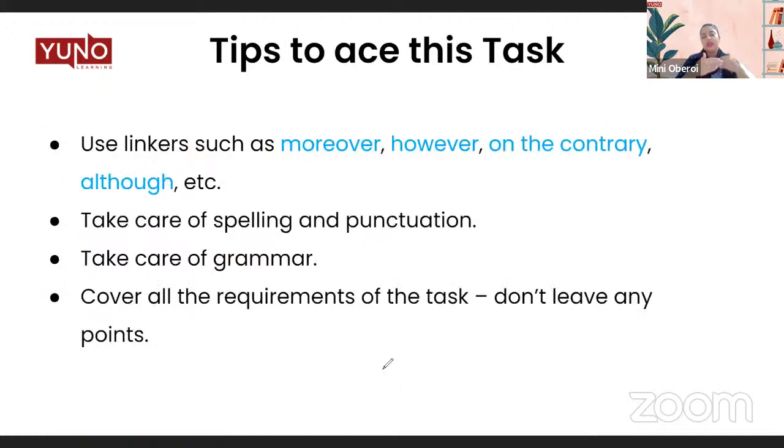So in order to have a better link in your answers, you need to address the points and correlate them with the correct linkers. So whenever we are on a similar note, similar page, we try to use linkers such as moreover, similarly, likewise, also, right?